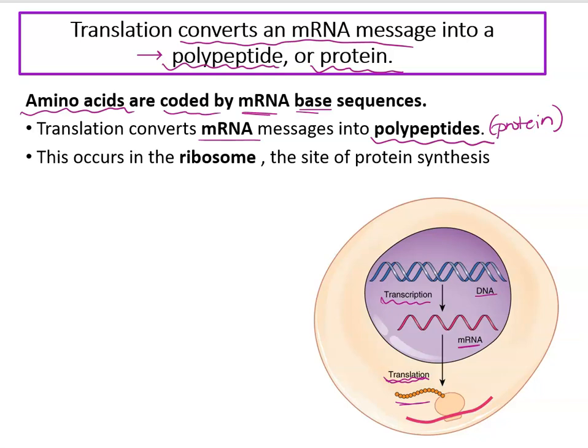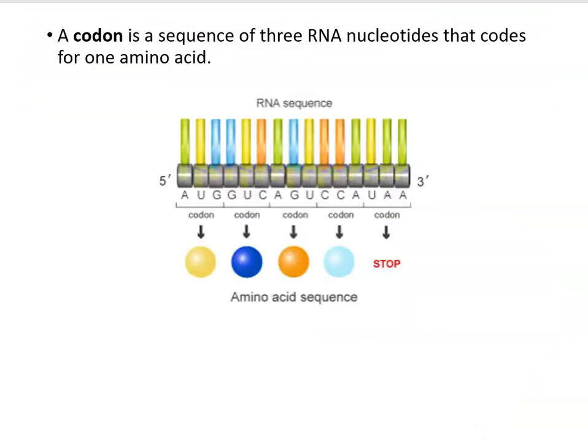So what does that look like? Just like some languages aren't all read the same way, our mRNA language is read by the ribosome in groups of 3 nitrogen bases at a time. And these are called the codons. So the ribosome is going to read through 3 letters at a time.